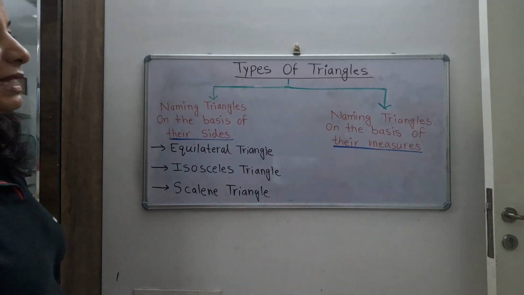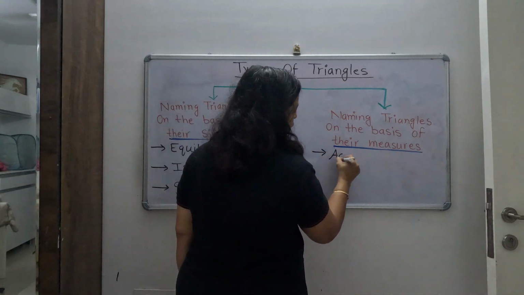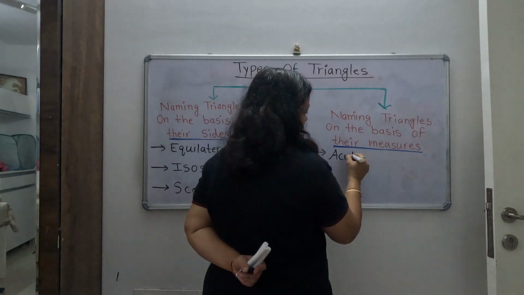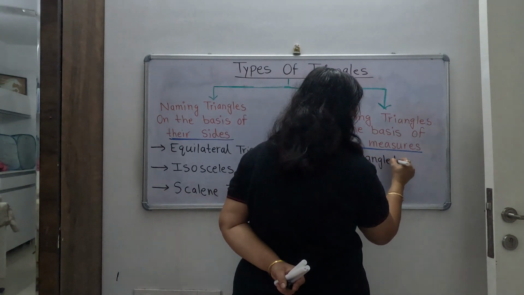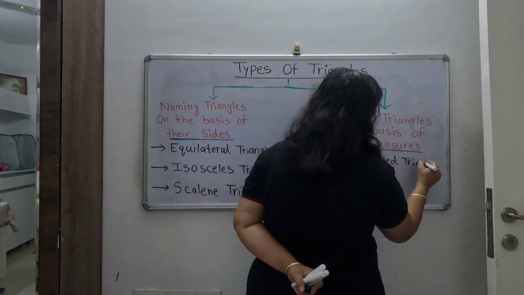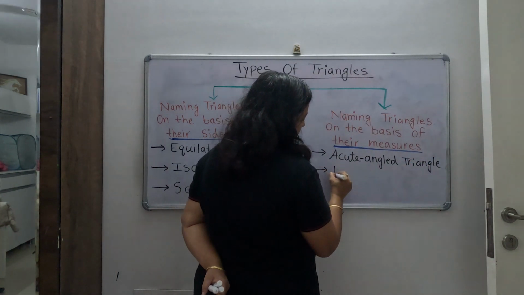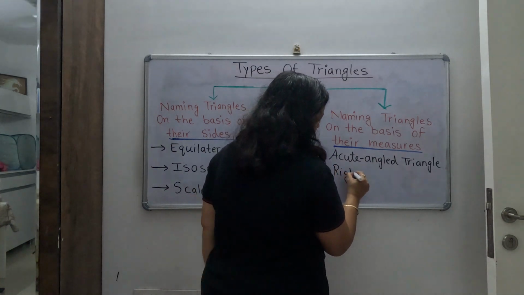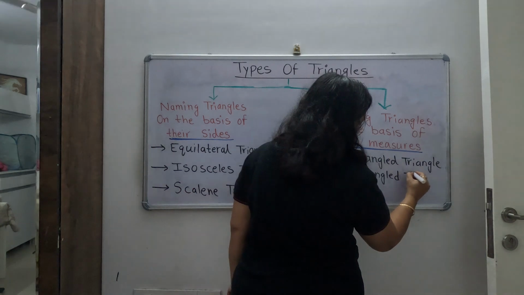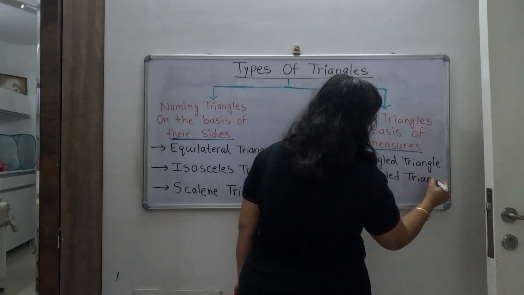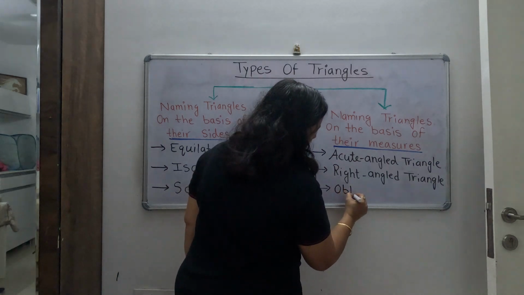Same, on the basis of their measures: the first is the acute angle triangle, the second is the right angle triangle, and the third is the obtuse angle triangle.